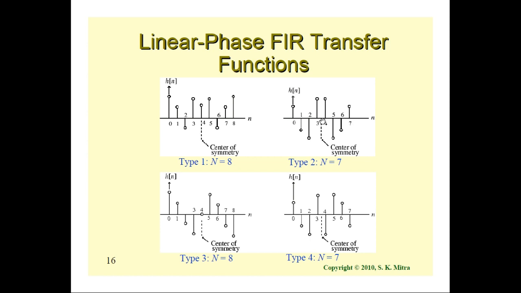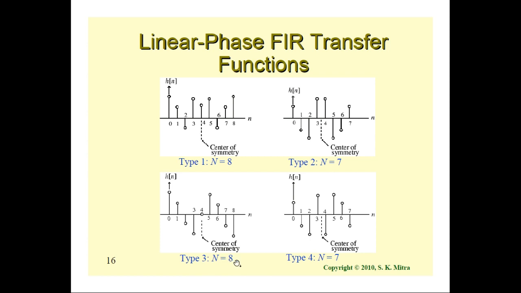And around this, you can clearly see that the impulse response coefficients are the same. Therefore, this is again a symmetric impulse response, as was the case in the type 1 linear phase transfer function. However, they differ in order: in type 1 the order was even, and in the type 2 case, the order is odd.